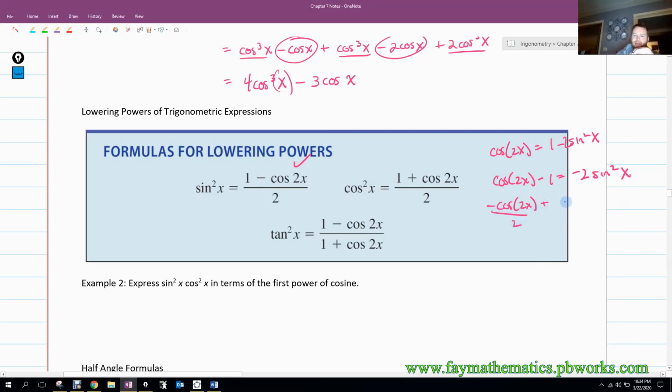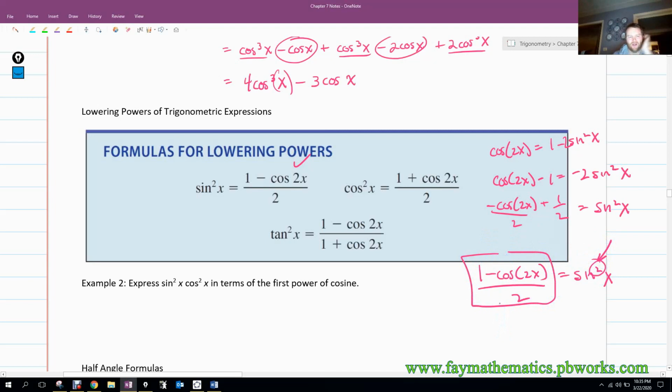It'd be that, and then that is equal to sine squared x. With a common denominator, I'm going to rewrite this: 1 minus cosine of 2x all over 2 is equal to sine squared x. So there you see, if you start with the sine squared and you want to get rid of the power of 2, you can rewrite it this way.